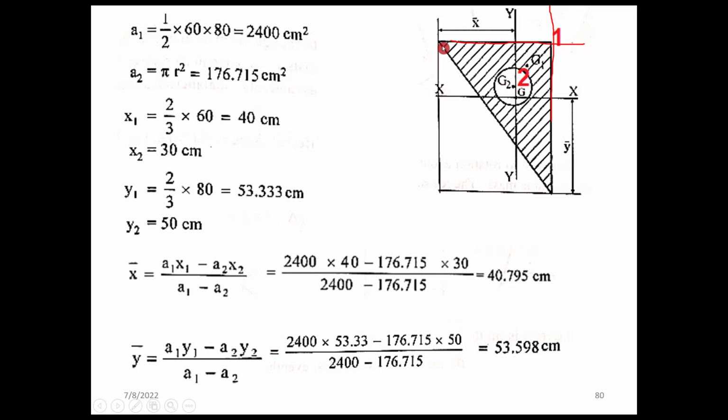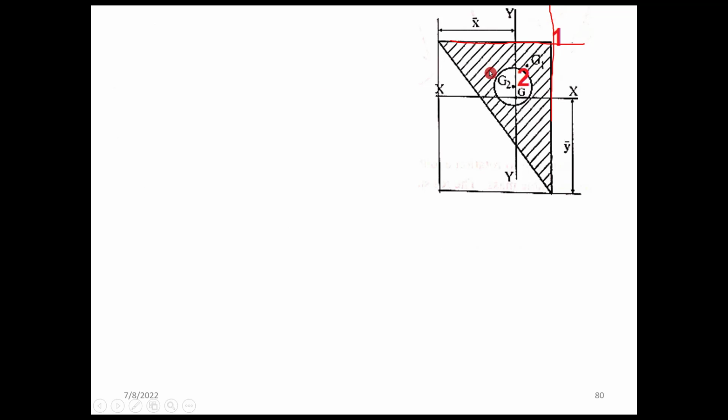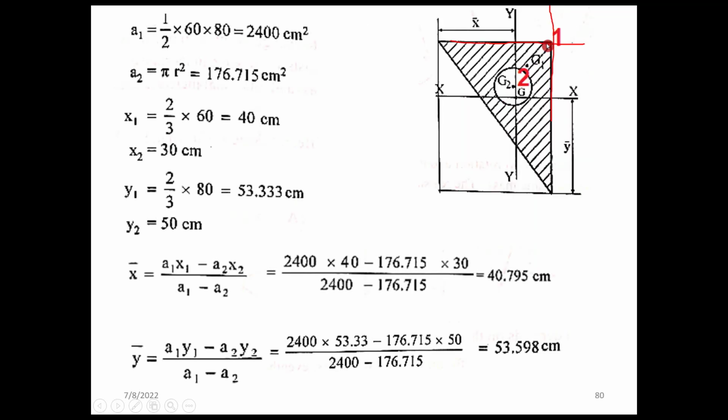We are calculating the centroid from this axis. This is the y and this is the x. So x1 is equal to 2/3 of 60, right? 60 is this total value. From this point it is b by 3, so from here to here it is the remaining 2/3 of 60, 40.